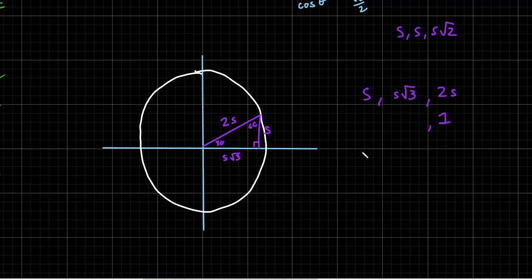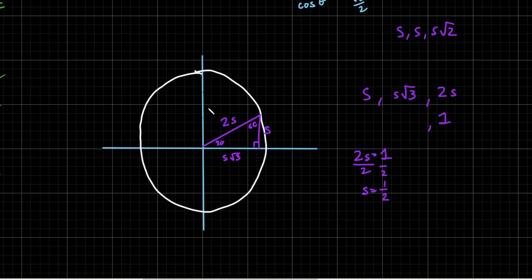So we know that the hypotenuse, 2s, is supposed to equal 1. If I want to get s all by itself, what do I have to do in this equation? Yeah, divide by 2 on both sides. So s equals 1/2.